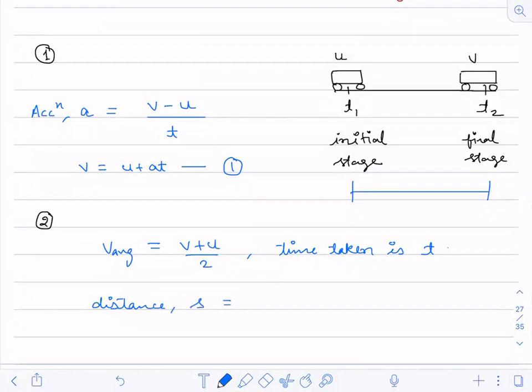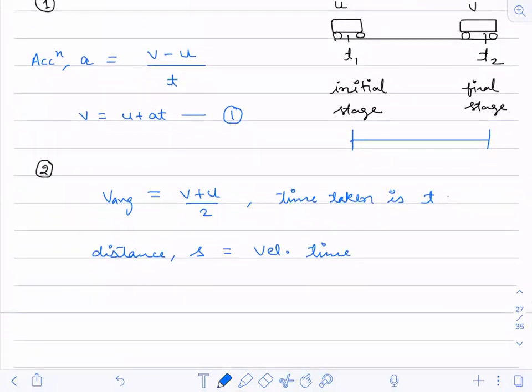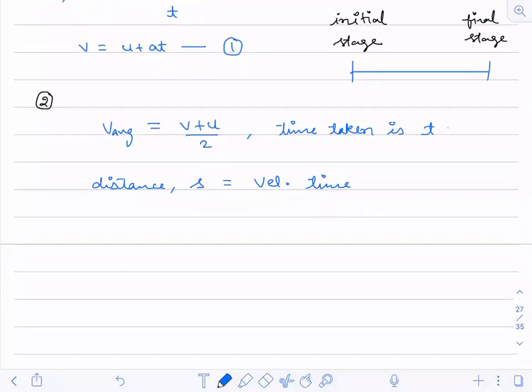Distance is velocity into time, so s becomes (v plus u) by 2, into time t.